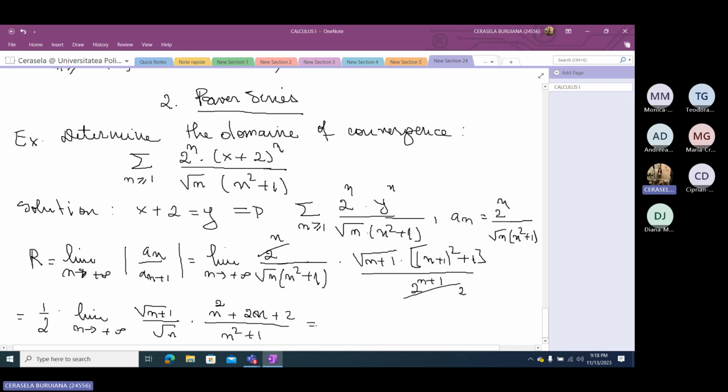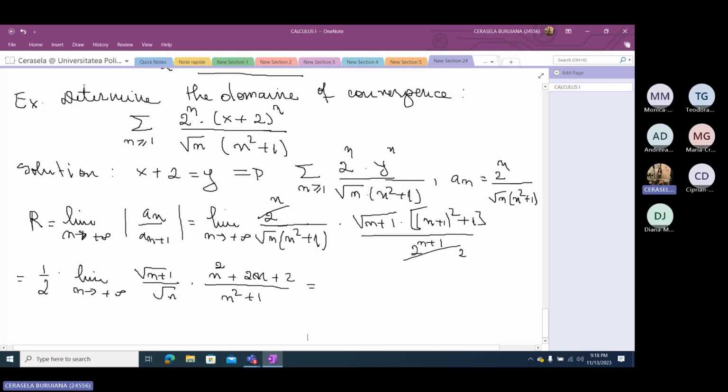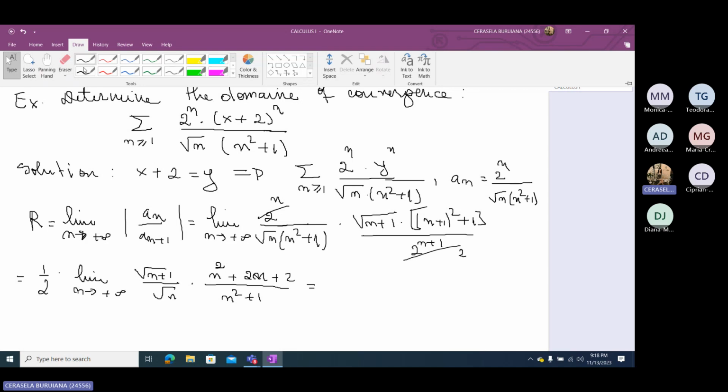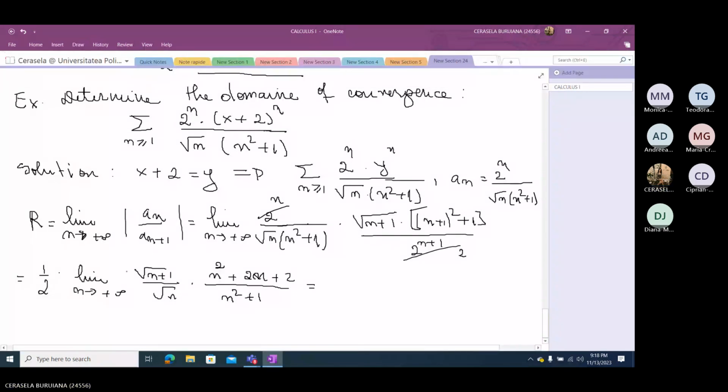But now, when we compute the limit of square root of n plus 1 over square root of n, how much is the limit of all this when n goes to infinity? It's 1.